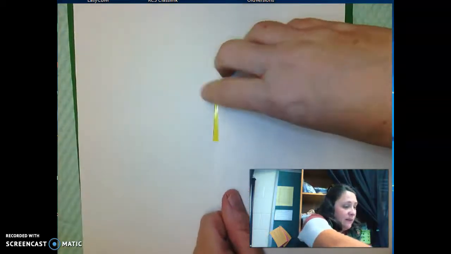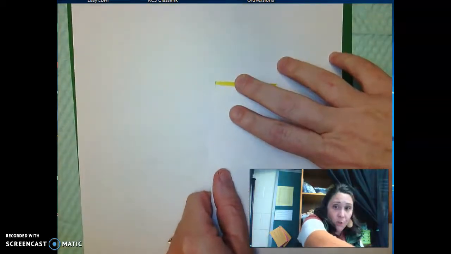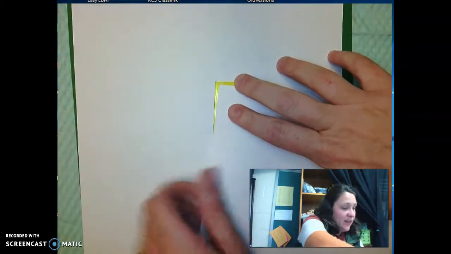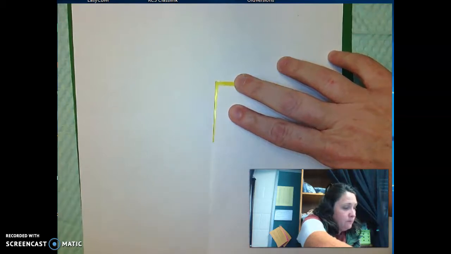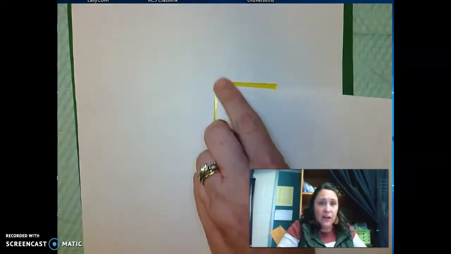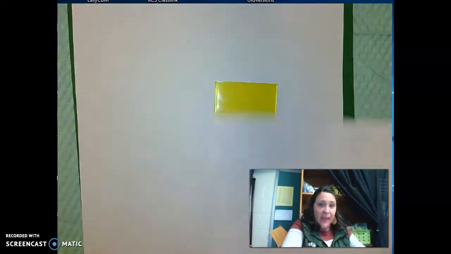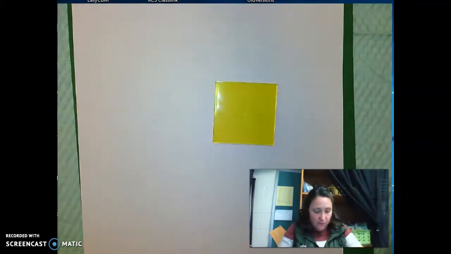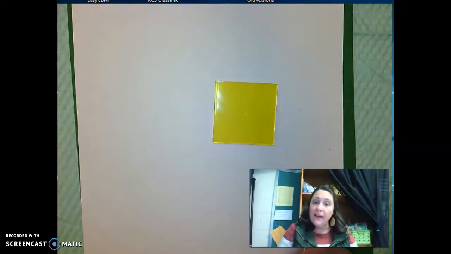You can lay a piece of paper on top of your power polygon and notice that the corner piece of paper is the exact same angle as the corner of the square. And we call that angle a 90-degree angle, or you may have heard it as a right angle.